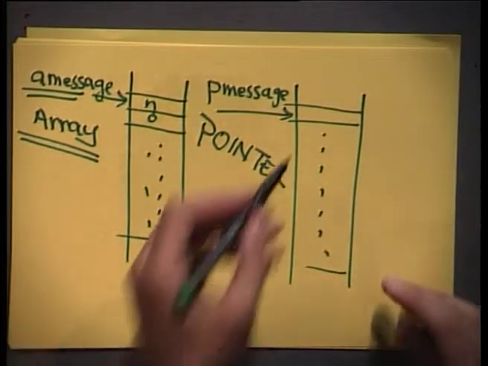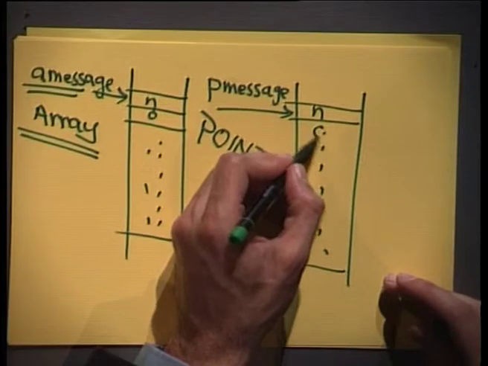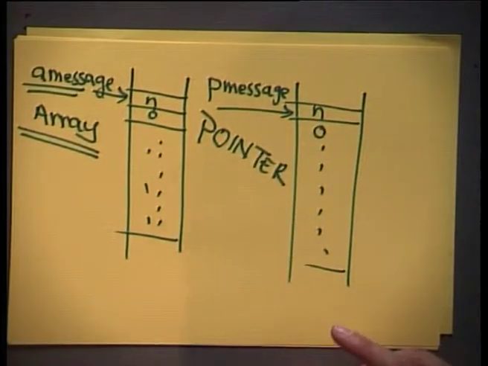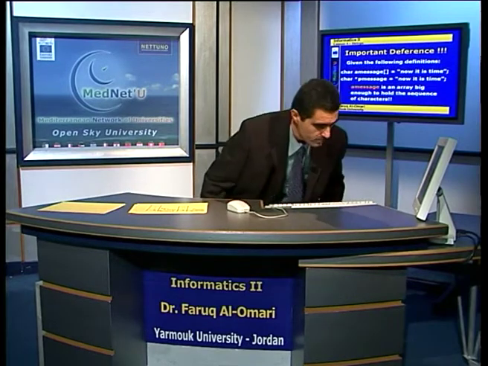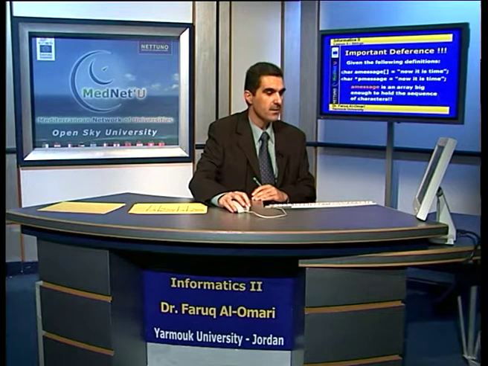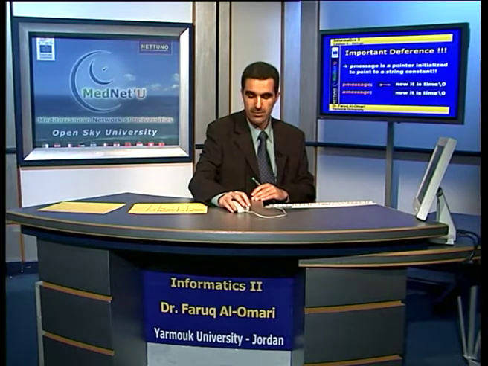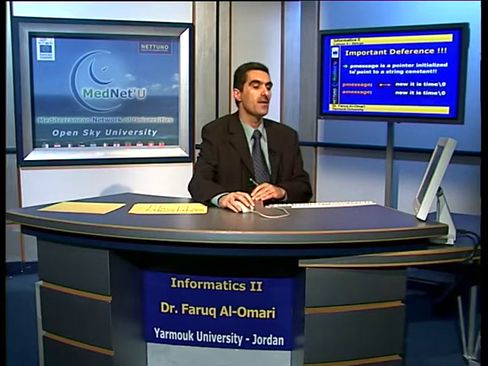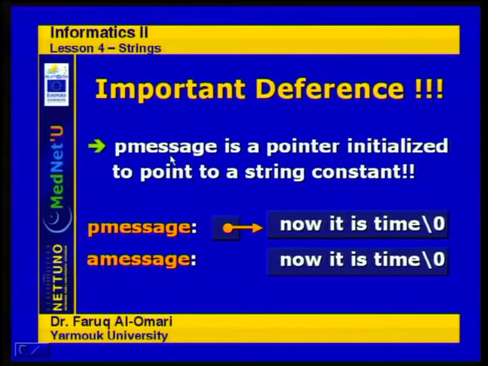Well, basically, this sounds the same. That's true to a certain extent. However, if we look deeply into this, then we can figure out the difference between the two definitions. p_message is a pointer initialized to point to the string.